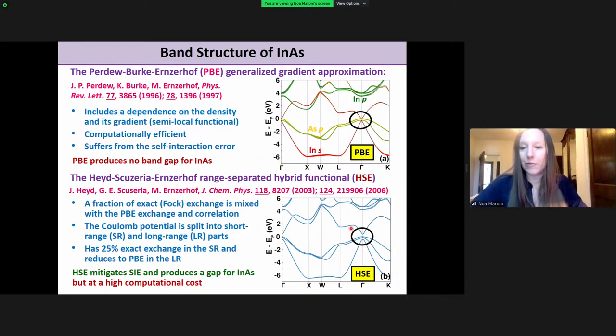So you can see here for indium arsenide, the HSE hybrid functional does produce a band gap, and that's good. However, its computational cost is so high that we can't use it for these large interface models that we actually want to calculate. So that's a problem.